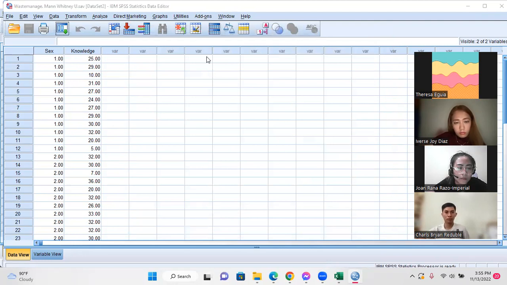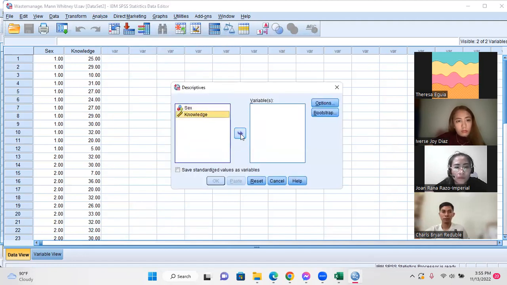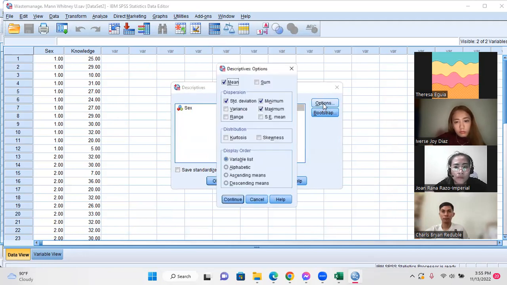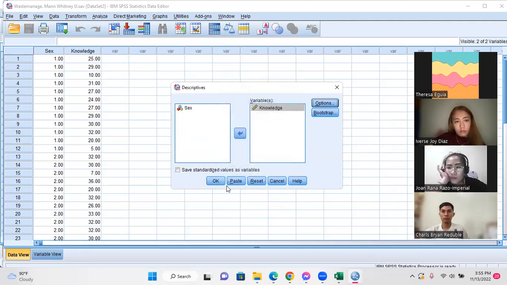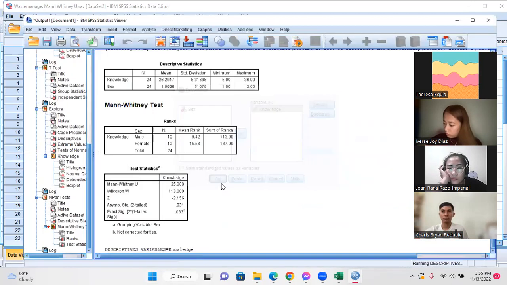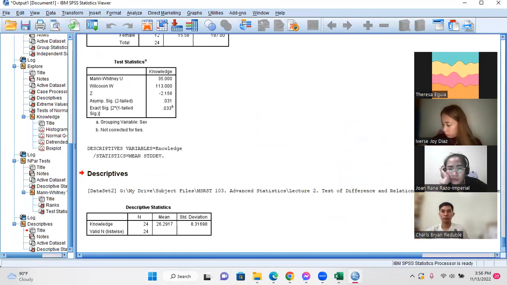Wait lang, balik. Kukunin ko muna yung descriptives. Kukunin ko yung mean at standard deviation. So, kunin muna natin ang mean and standard deviation. Ito ang mean, 26.29. And then, standard deviation is 8.32.